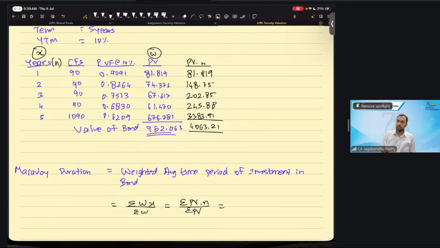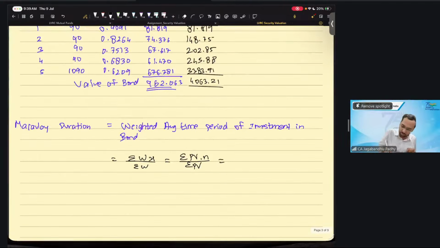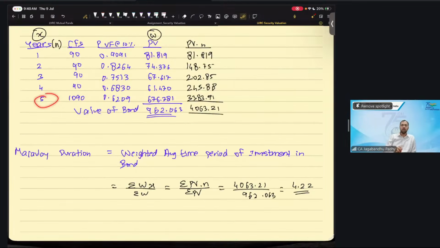So for the Macaulay duration, the numerator is 4063.21, divided by 962.063. This comes out to be 4.22. So on average, the money is blocked for 4.22 years and not for the full 5 years.